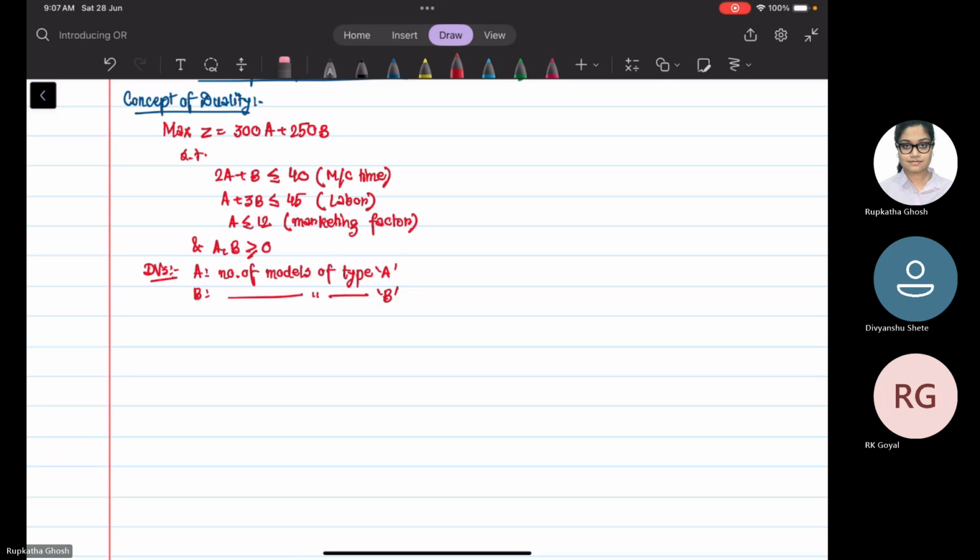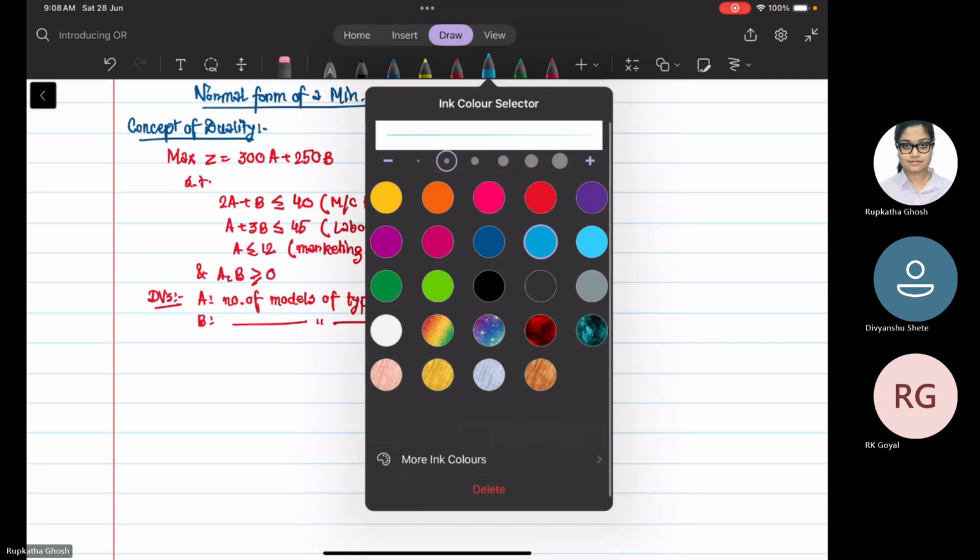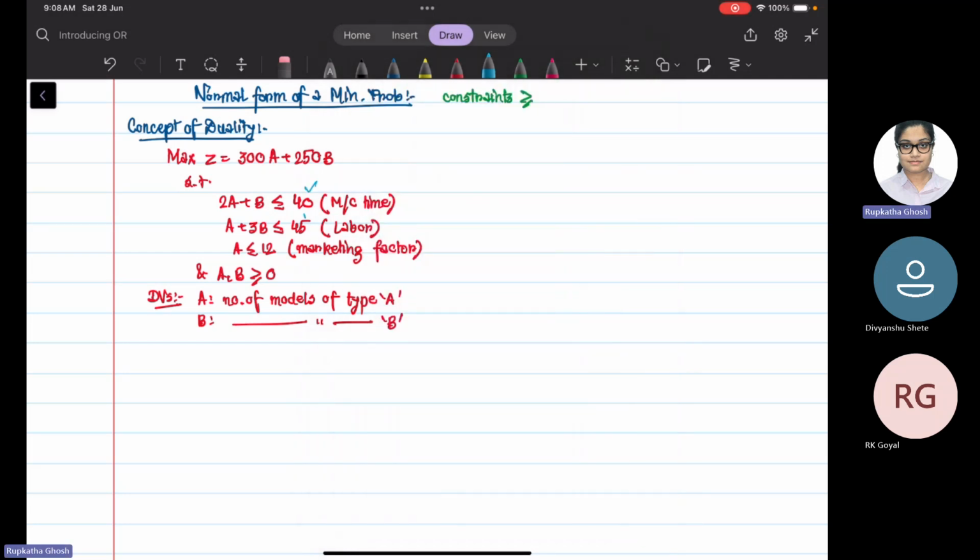Now imagine that an entrepreneur wants to purchase all of these resources, which are to be used for producing type A and type B models.